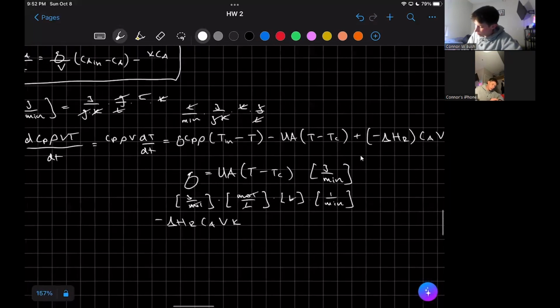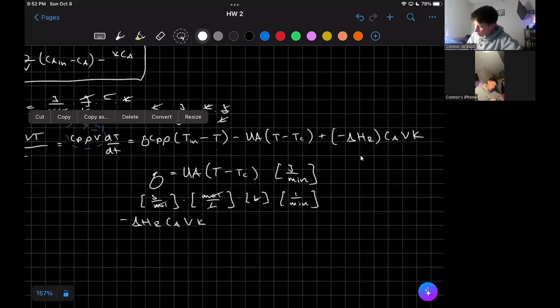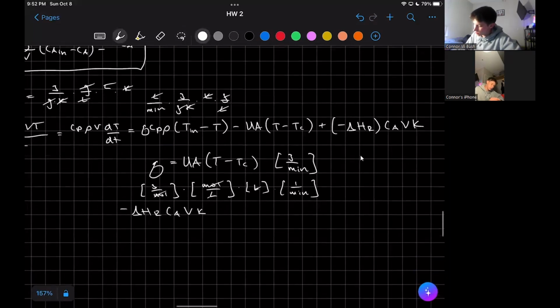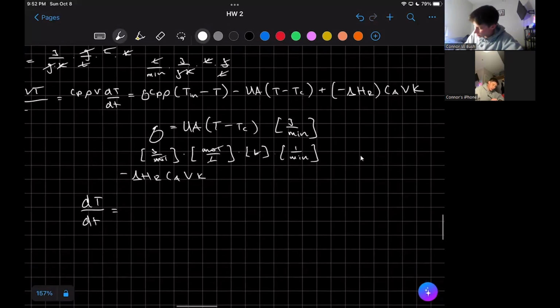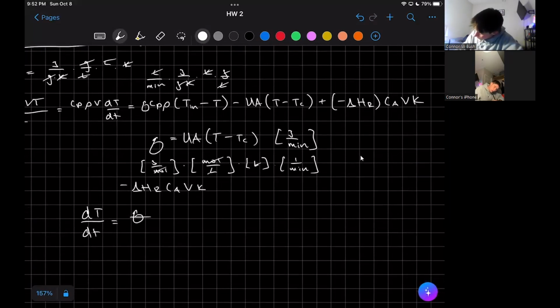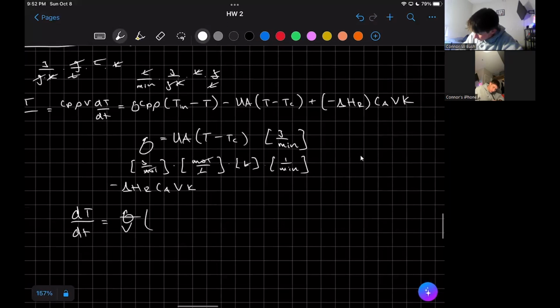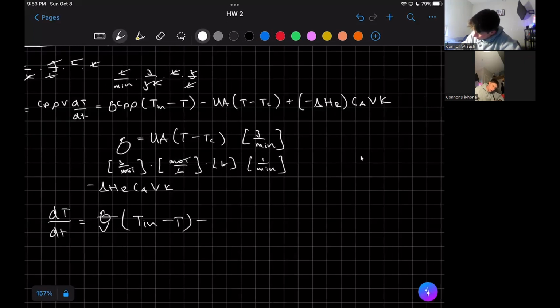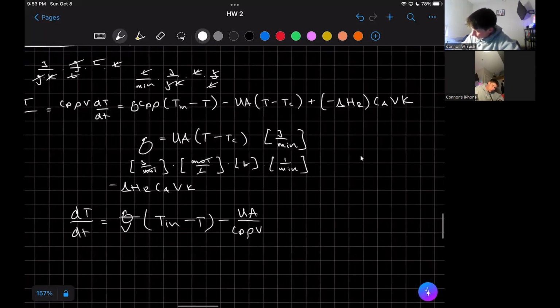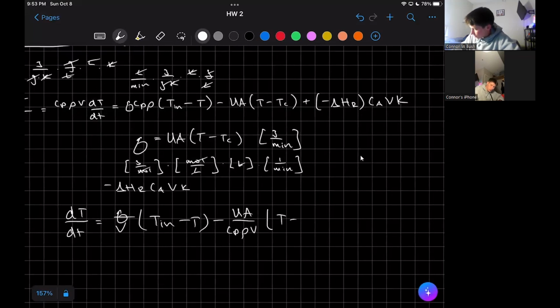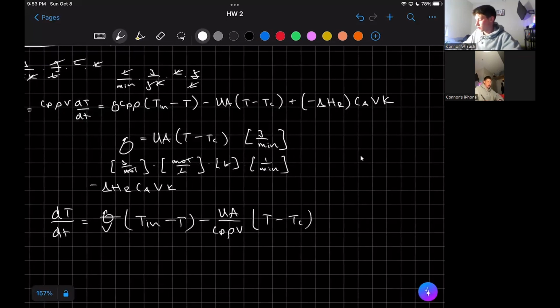So if we move all of these over to the right hand side to isolate dT dt, we're left with an expression that looks like this. So Q, the flow rate over the volume, multiplied by the difference in the inlet and outlet temperature, minus the heat transfer coefficient multiplied by the area of the reactor divided by heat capacity, density, and volume, multiplied by the difference in the reactor temperature and the coolant temperature.